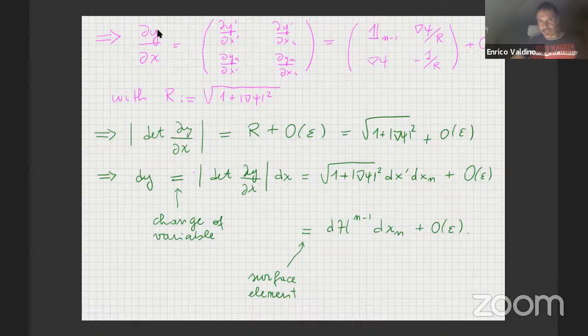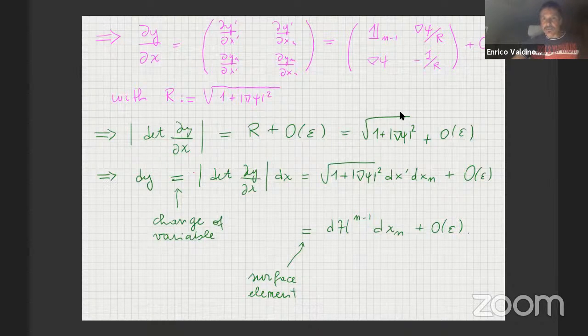So explicitly the derivative of y with respect to x is the identity matrix in the first n-1 blocks, and then the gradient of psi divided by R, R minus 1 over R, and then plus order of epsilon, okay? So when I take the determinant, the first order, I can compute it explicitly, it's exactly the radical.